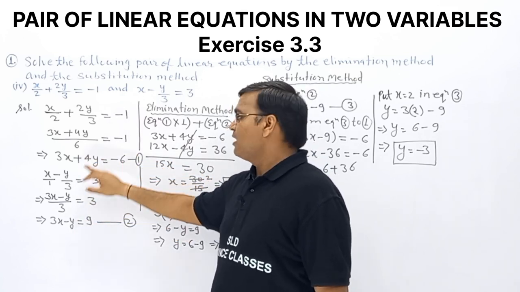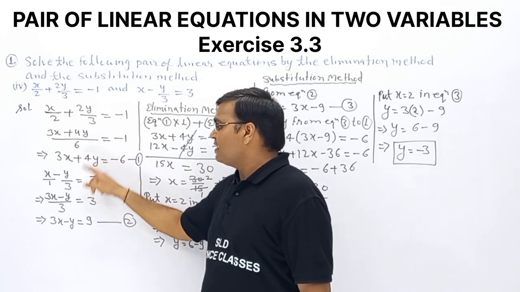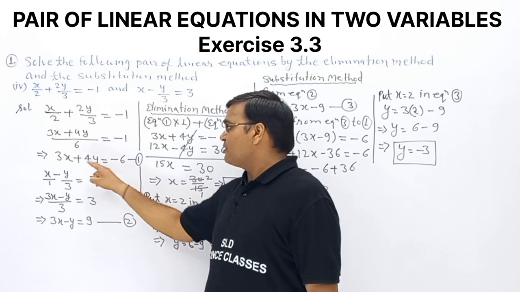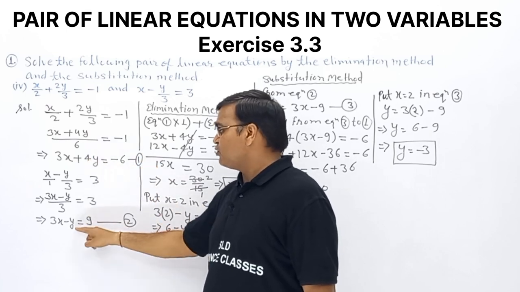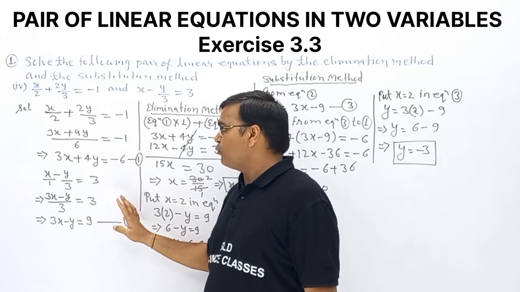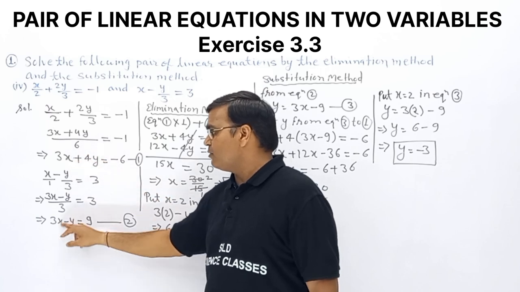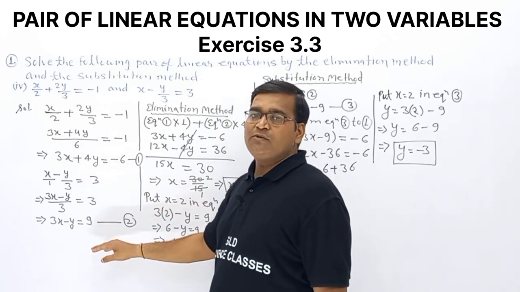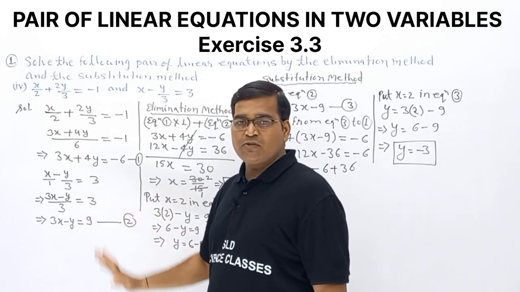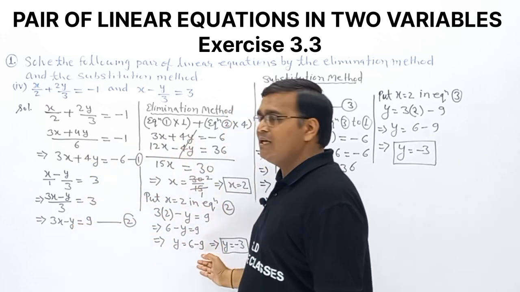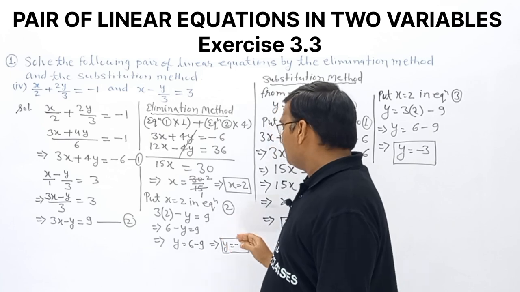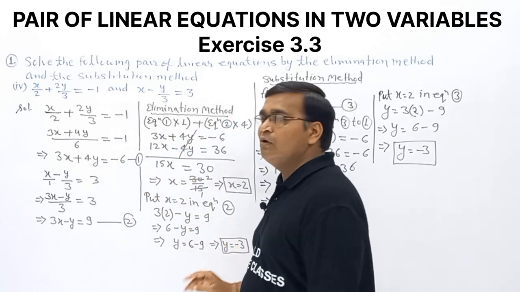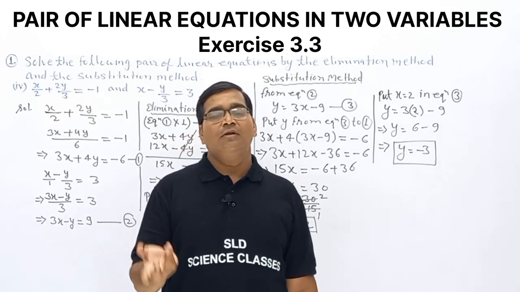This is 4y, this is minus y. So equation 1 is multiplied by 1 and equation 2 is multiplied by 4, then we are getting plus 4y and minus 4y. Then we add both equations, this one is cancelled, and we get the variable x. Put this value of x in any one equation, then we get the value of y. This is the elimination method.